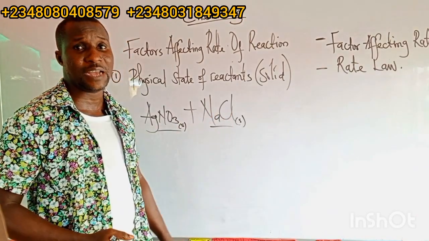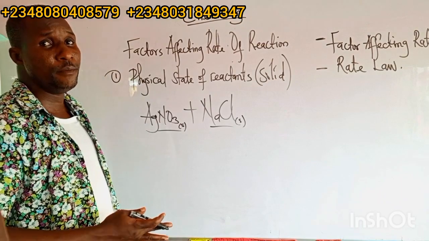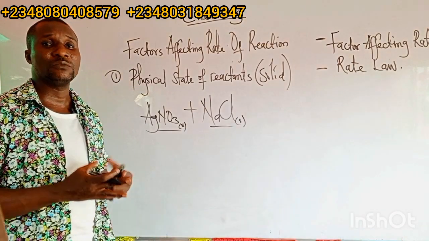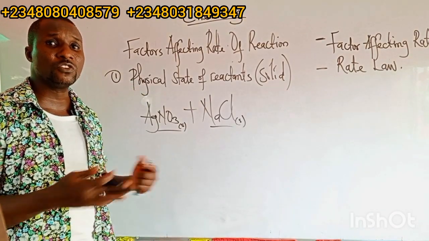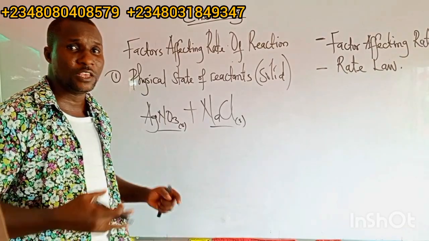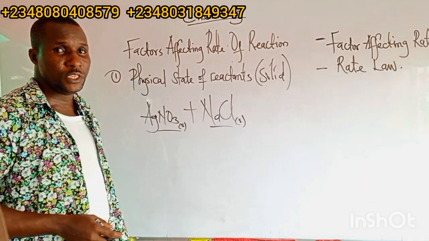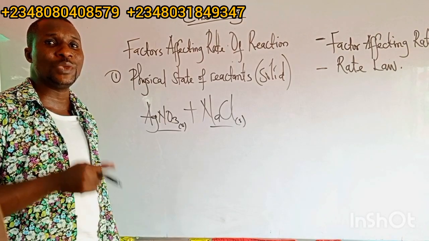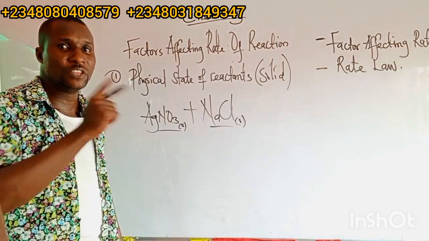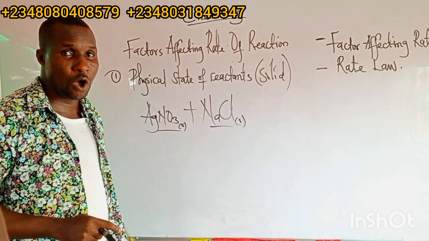They won't be able to react because the molecules are in solid state. The molecules won't be able to interact with each other. That means it will have little rate of reaction, or it will not occur.